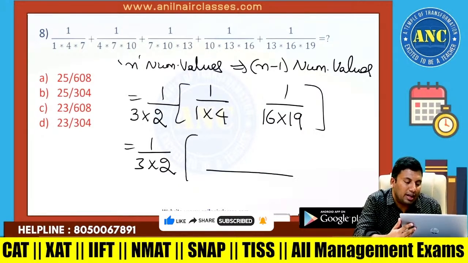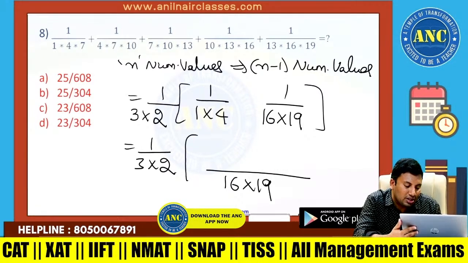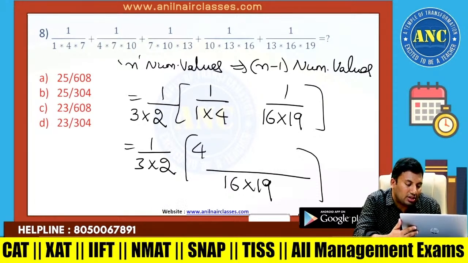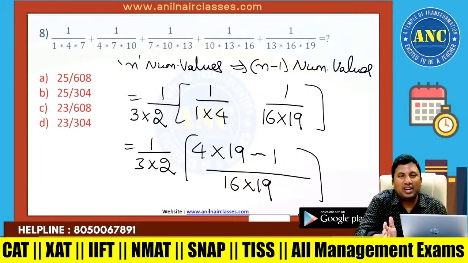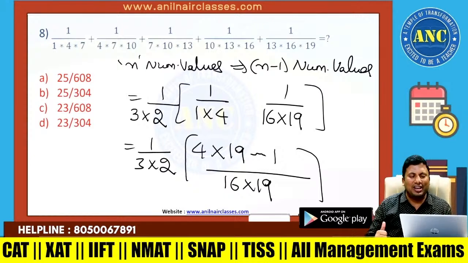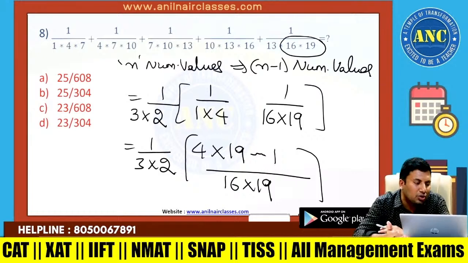Here you can take LCM. 1, 4, 16, 19. LCM is 16 into 19. These are nothing but 4 into 19 minus 1. You will do this calculation. I am saying don't do this calculation. This is where your smartness should come into the picture. 3 numerical values. What are the last 2 numerical values? 16 and 19.